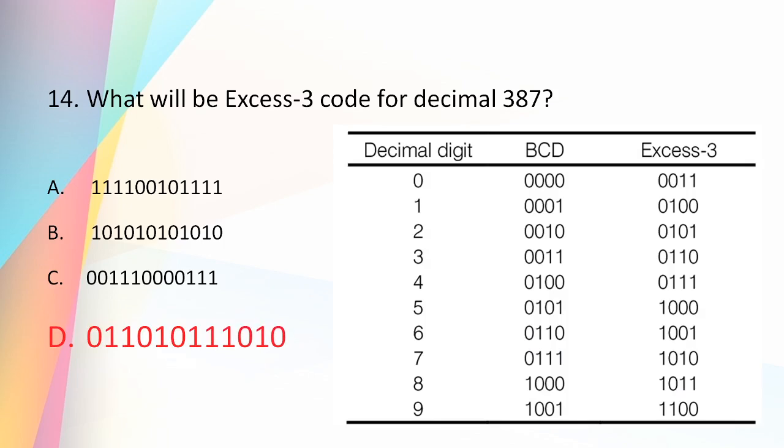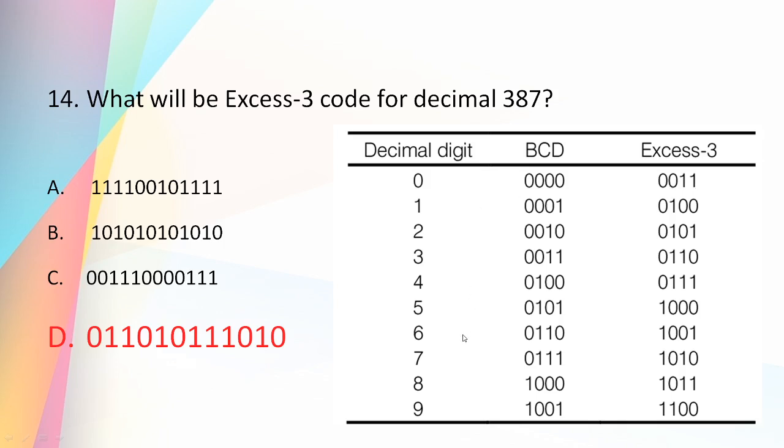So basically XS3 code is obtained by adding 3 to each and every digit. So if you add 3 here, it will come as 6 and this will be 11 and this will be 10, and then you have to just express it using BCD, or you can choose the numbers from this. So for a 0 you have to add 3, it will come as 3 and it can be represented by 0011.